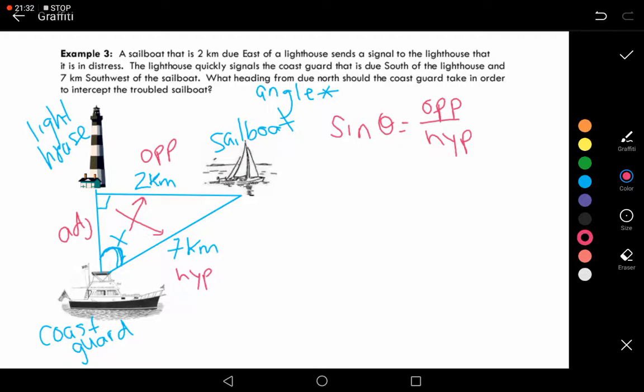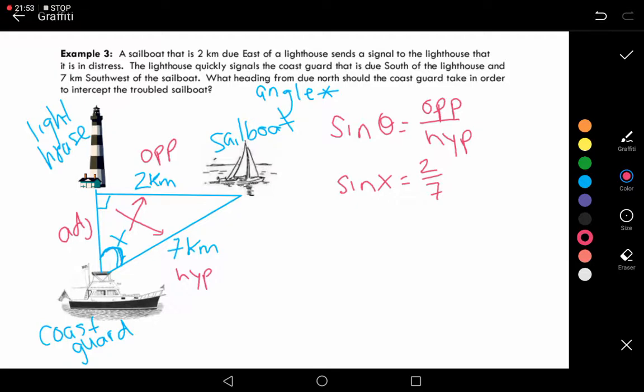Okay, next step is to sub in the information that we know. So we labeled our angle X, so I'm just going to change that. You could just leave it as theta too, it doesn't really matter. The opposite side length is 2. The hypotenuse is 7.